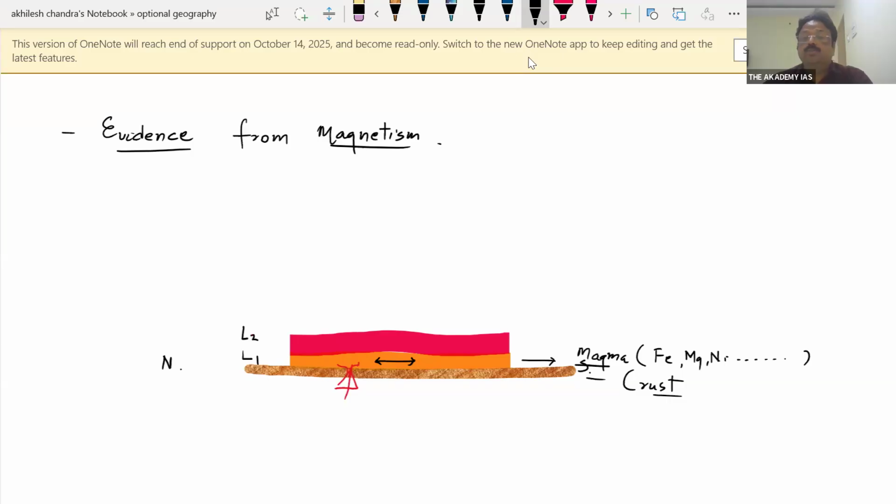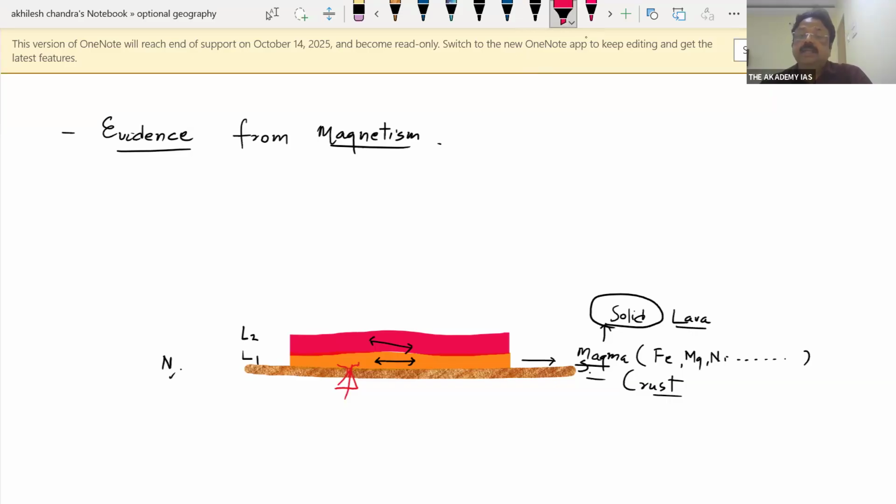In L2 also, there will be ferromagnetic compounds and there will be some kind of alignment over there, according to the polarity present, and then it gets solidified. It becomes solid. So obviously when it becomes solid, the alignment cannot be changed. According to the magnetic line of force, all the ferromagnetic compounds get aligned as per the polarity.